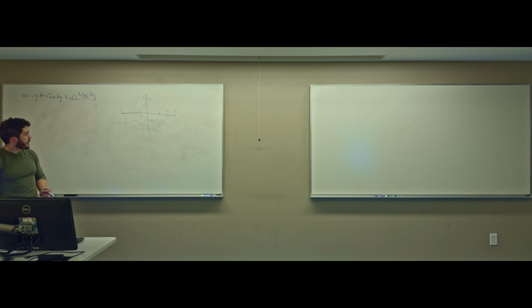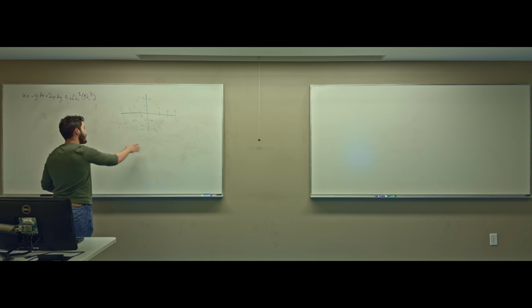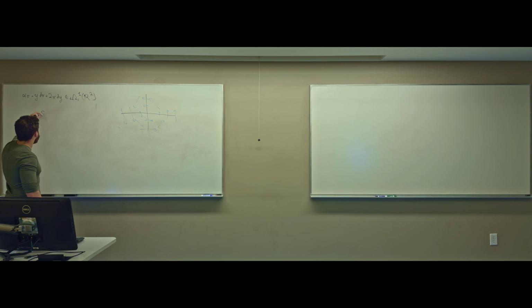And then we would like to integrate this vector field on S1, which I'm defining to be just xy in R2, such that x squared plus y squared equals 1, the unit circle. Okay. So I want to integrate alpha on S1. Okay.